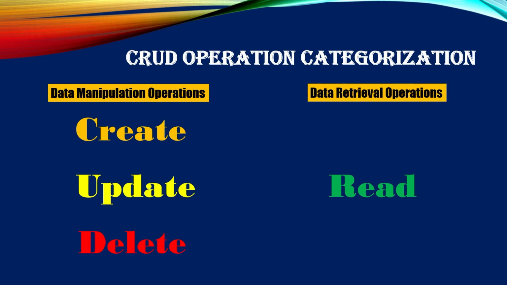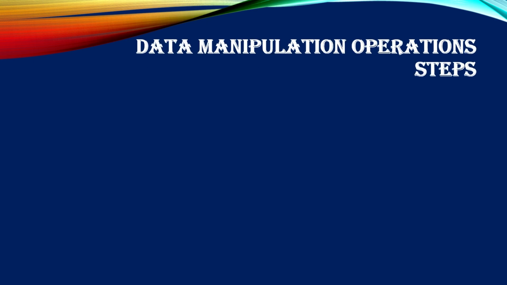Now, after this, let's see how we can perform these data manipulation operations using JDBC. In order to perform them, we need to follow some steps, and these steps are similar to what we discussed in our previous video, where we learned how to connect our Java application with the database.